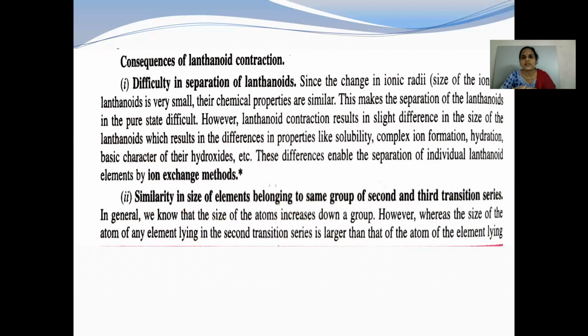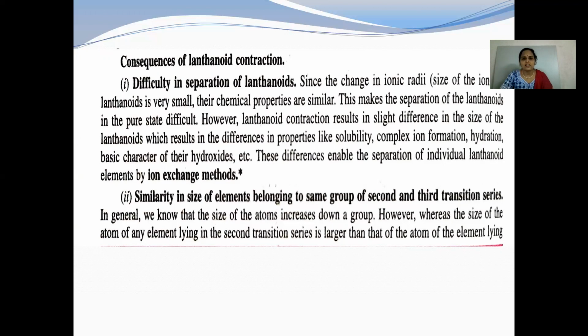However, lanthanoid contraction results in slight difference in the size of the lanthanoids, which results in differences in properties like solubility, complex ion formation, hydration, basic character of the hydroxides, etc. And these differences enable the separation of individual lanthanoid elements by ion exchange methods. So the first consequence is difficulty in separation of lanthanoid elements.